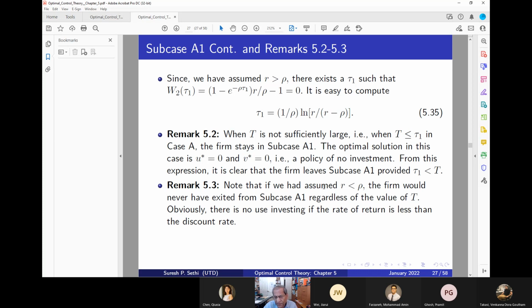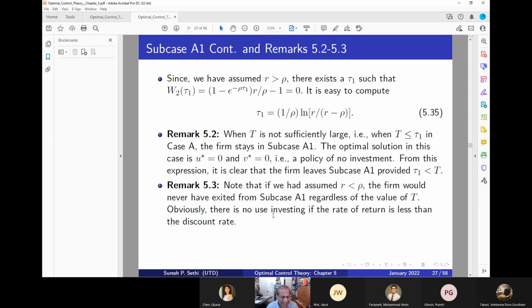Note also that if we had assumed r less than rho, then W2 tau will be asymptotically negative. So it goes from -1 to a value which is asymptotically negative. There is not going to be any value of tau 1 at which W2 will become 0. So if r is less than rho, every value of capital T will give you U star, V star equal to 0.